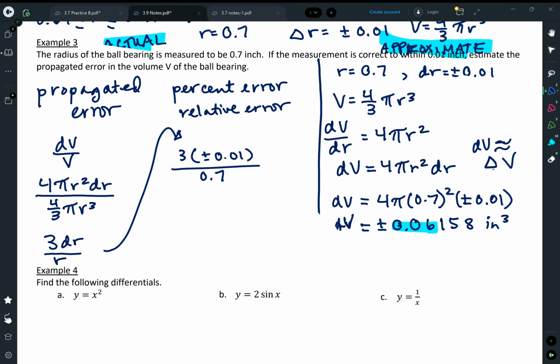So our propagated error, if we multiply this out, is, let's see, grabbing a calculator, 3 times 0.01. I have to really watch myself to not screw anything up with those decimals. Divided by 0.7, so I have 0.0428571429.